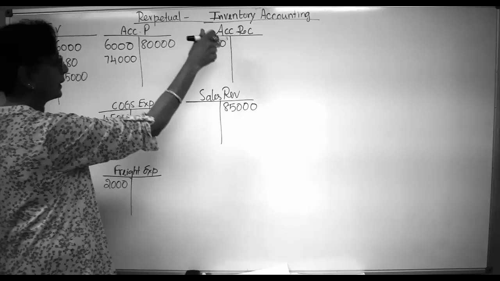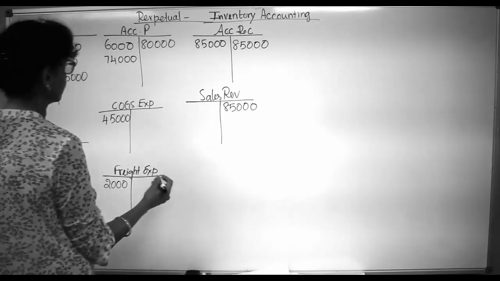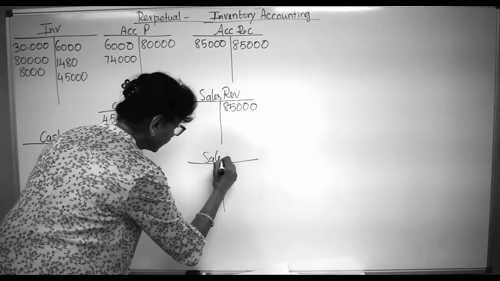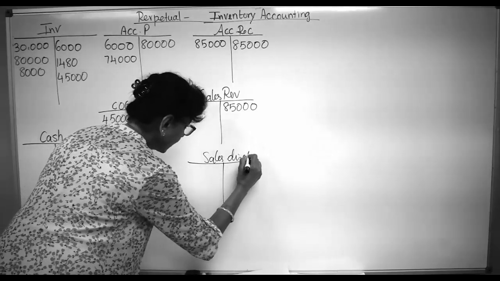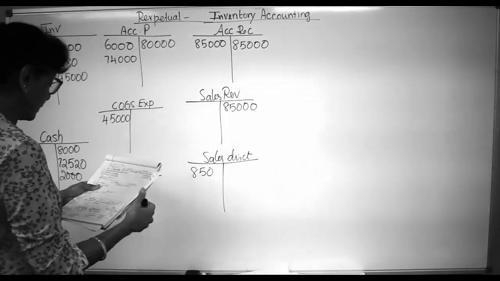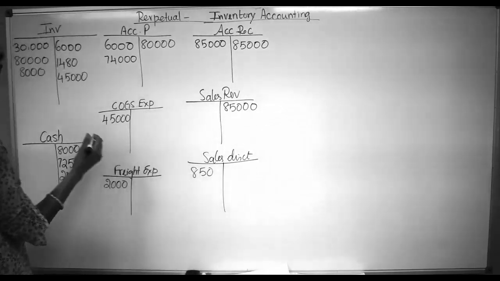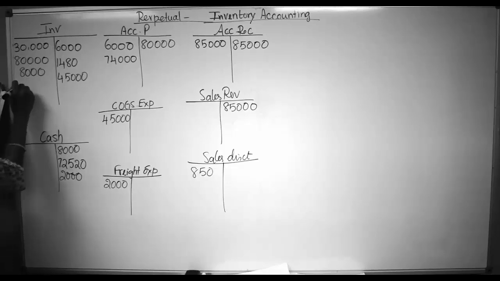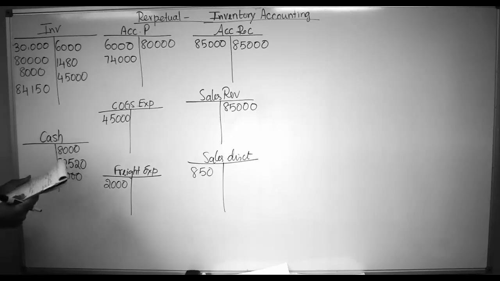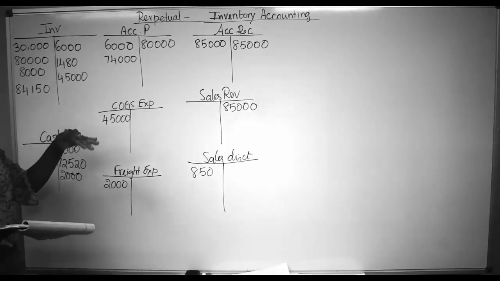So first you credit the accounts receivable for $85,000 and then you debit sales discount for 1%, which is $850, and you will debit cash for $85,000 minus $850, that would be $84,150. So these are the entries for the perpetual system.